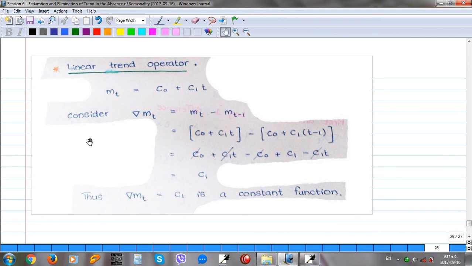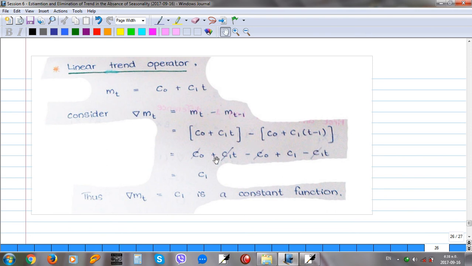Linear trend, mt is given as c0 plus c1t. Then if you need to find the difference, then the difference of mt equals mt subtraction mt minus 1. But mt is given c0 plus c1t, then mt minus 1 means c0 plus c1 times t minus 1 is there. So then you can remove the brackets, c0 plus c1t subtraction c0 plus c1 minus c1t.